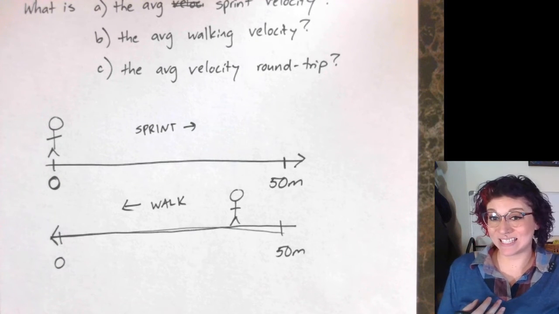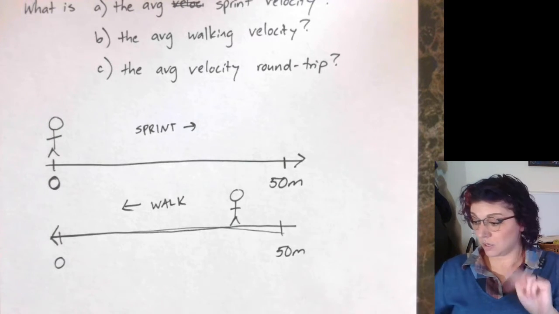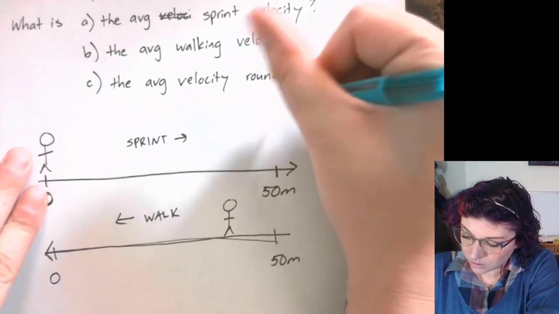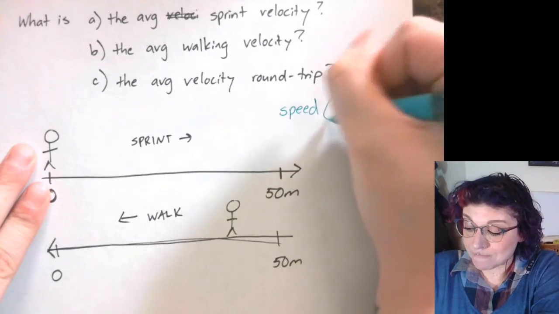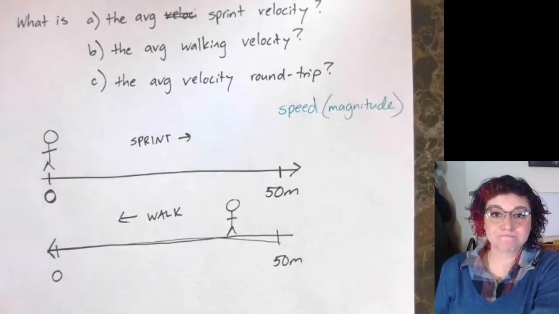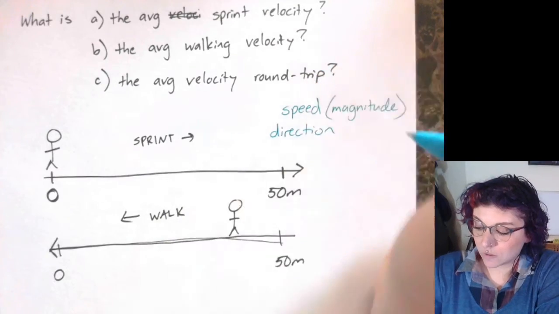What does velocity tell us, though? There are two things. The velocity tells us the speed, like the magnitude of the speed, right? But it also tells us direction.